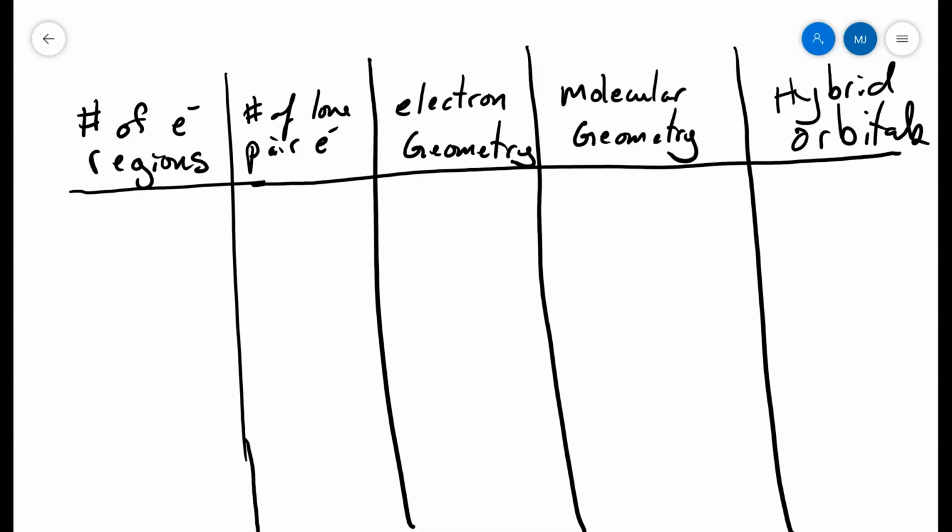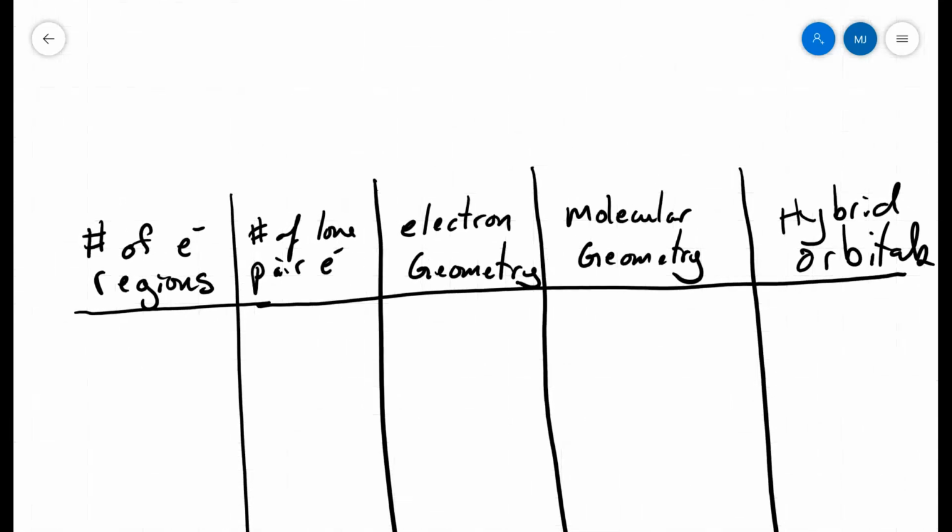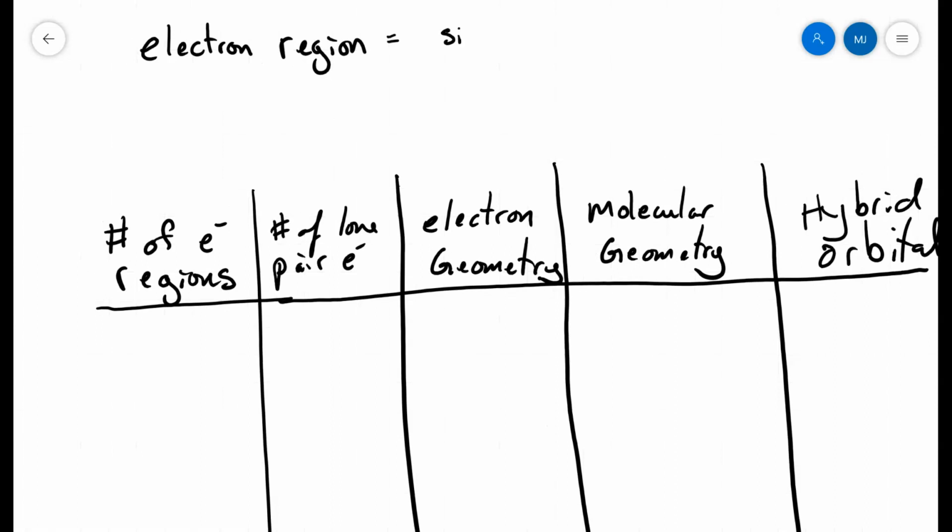But the first thing I need to do is define this idea of electron regions. What do I mean by an electron region? Well, an electron region is electrons that are confined to a single space and can't move apart. So what do I mean by that? A single bond equals one region.